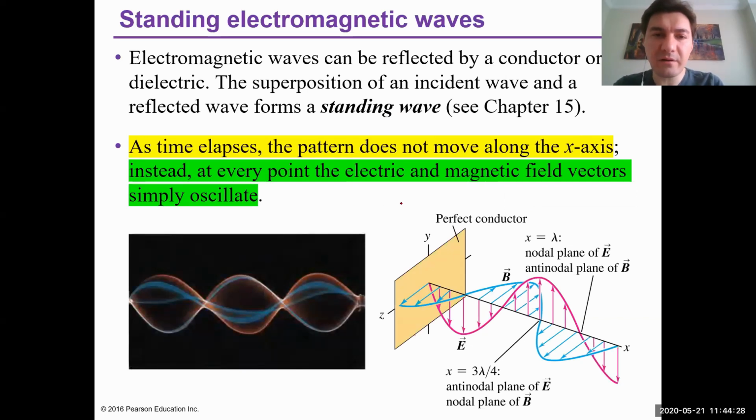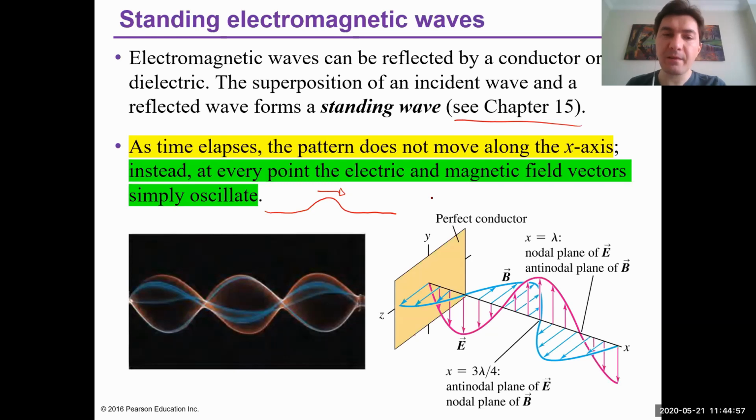Let's consider that we have a rope, and when you produce a pulse on the rope, as we discussed in chapter 15, this pulse will move in that direction.